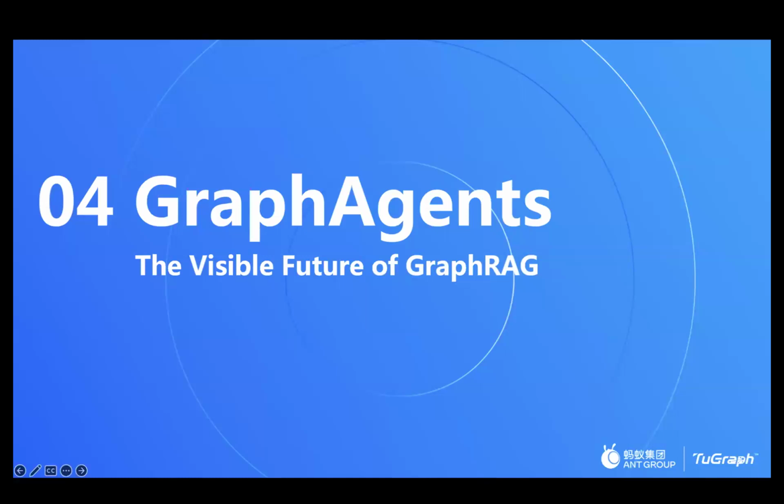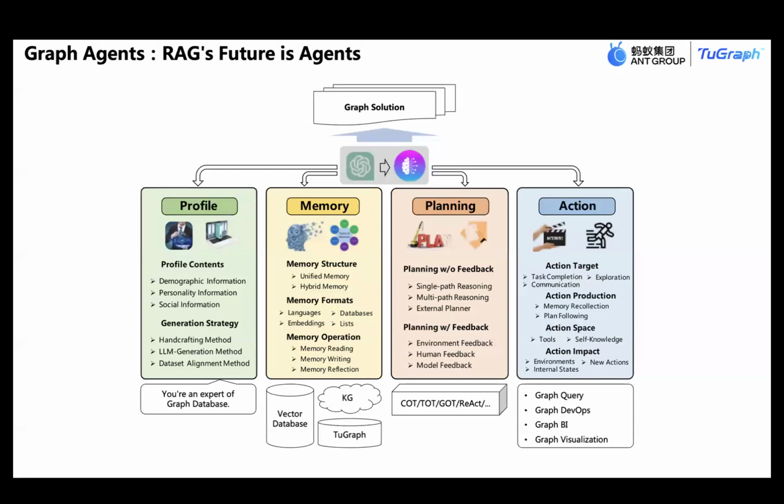The last part I want to share is the graph agents, which is the visible future of GraphRAG. First, I want to reference Jerry Liu's opinion, which is that RAG's future is agents. So graph RAG's future may be graph agents. We can combine the AI system with graph.